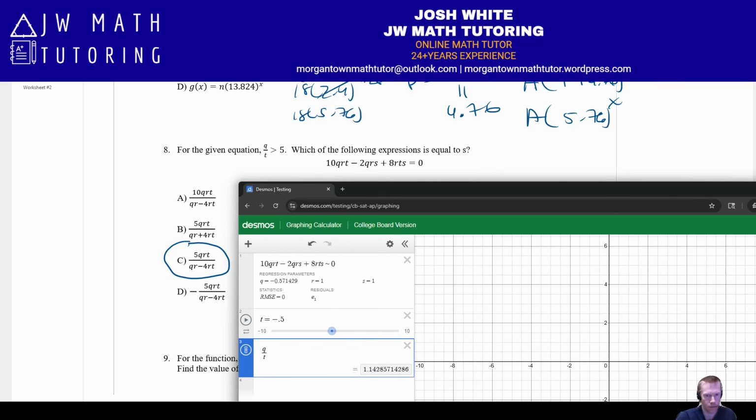Let me see if I can make it even smaller. 0.1? Not quite. 0.5. 0.1. Still ridiculously small. Okay, I might have to remove that restriction from the problem because it looks like q over t is automatically going to be capped at 4 anyway.